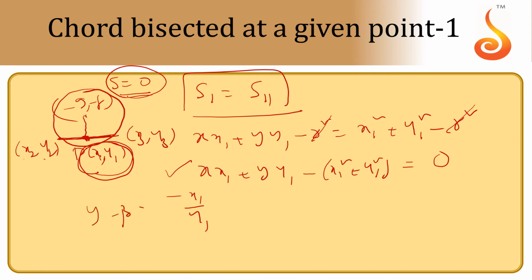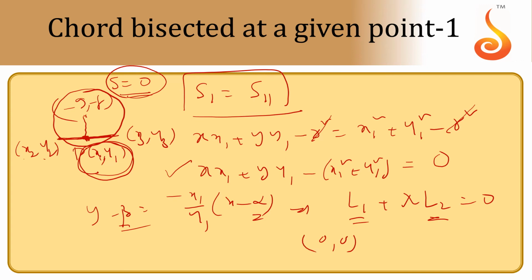Then y minus beta equals slope into x minus alpha. If you do the simplification, you will get the L1 plus lambda L2 form. The point of intersection of L1 and L2 will be the origin. I already told you the locus of midpoints of parallel chords is a diameter. All diameters will be concurrent at a point, the center. That you can check with this concept also.